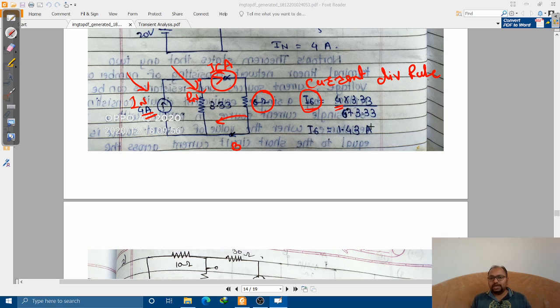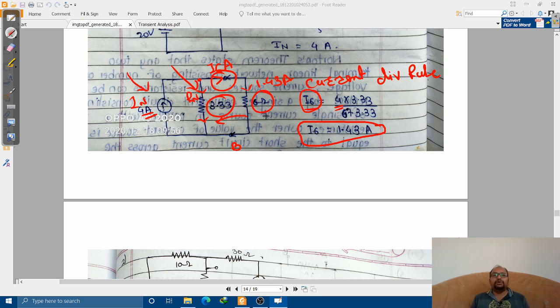Once I work it out, I get the value as 1.43. So out of 4 amperes, 1.43 is going to flow through this 6 ohm resistance, and the rest of the current is going to flow through this 3.33 ohm resistor.